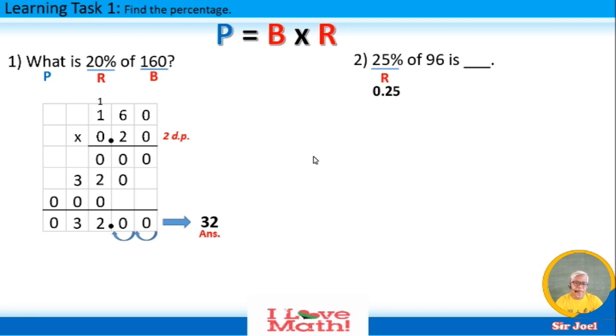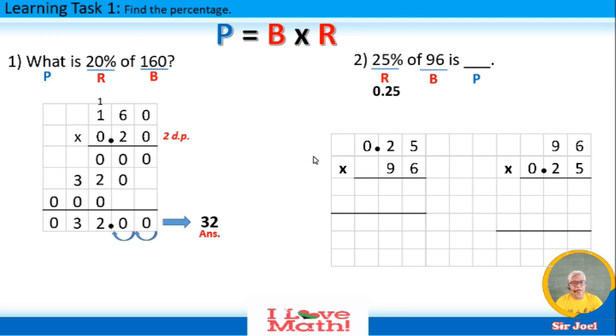So, if 25% ang rate after the word of, sabi natin, is the base, which is 96, and our unknown is the percentage. To solve this problem, we have 0.25 times 96 or 96 times 0.25.